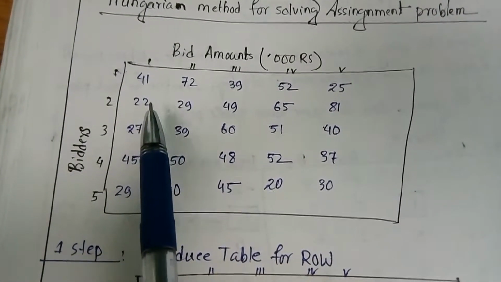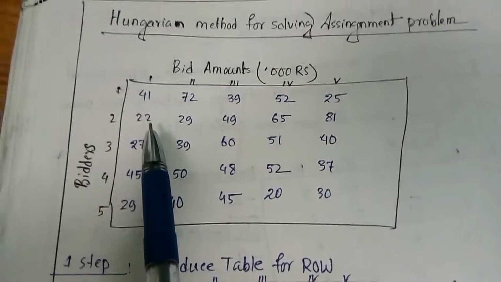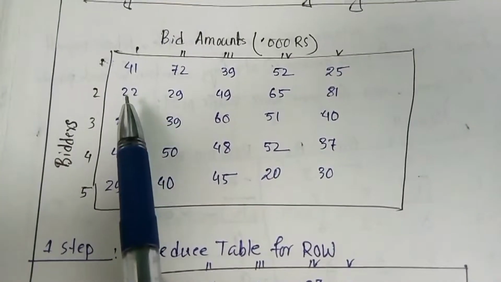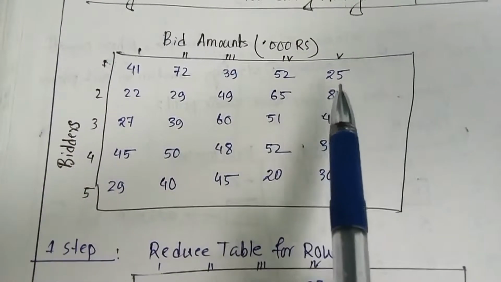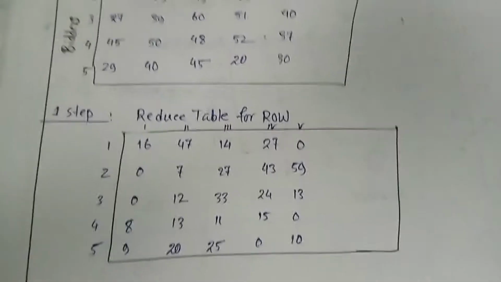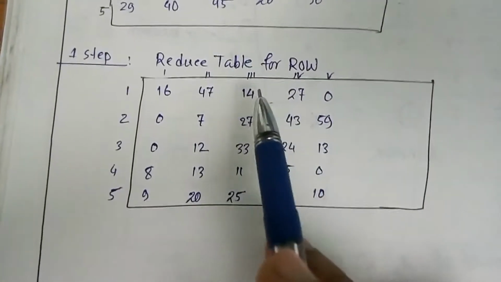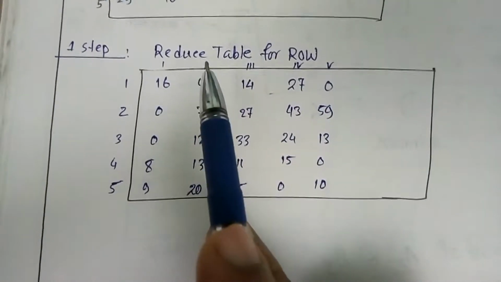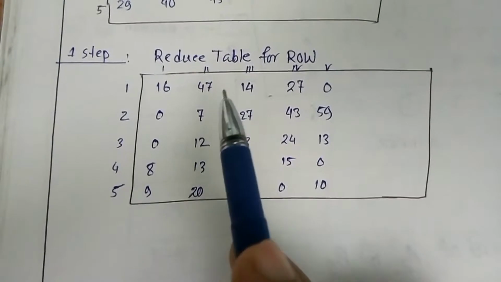In the second row, 22 is the lowest, so 22 is subtracted from all the values of this row, and we get this row. This way we create the second table as the first step. This is also known as the reduced table for rows.